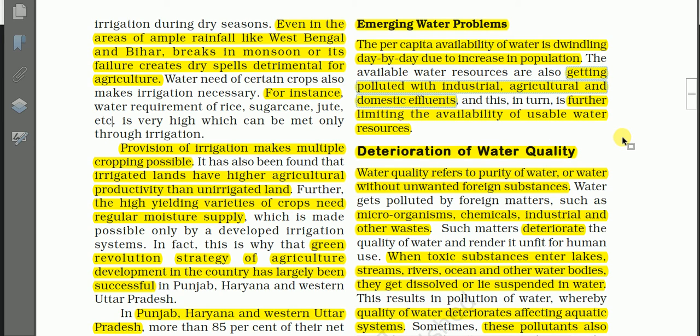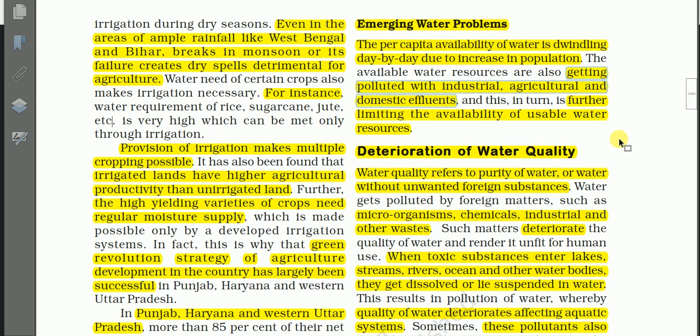At the same time, the available water resources are also getting polluted by the industries, by the chemicals or biochemicals used in the agricultural field, and from the domestic effluents, the grey waters released from the households.